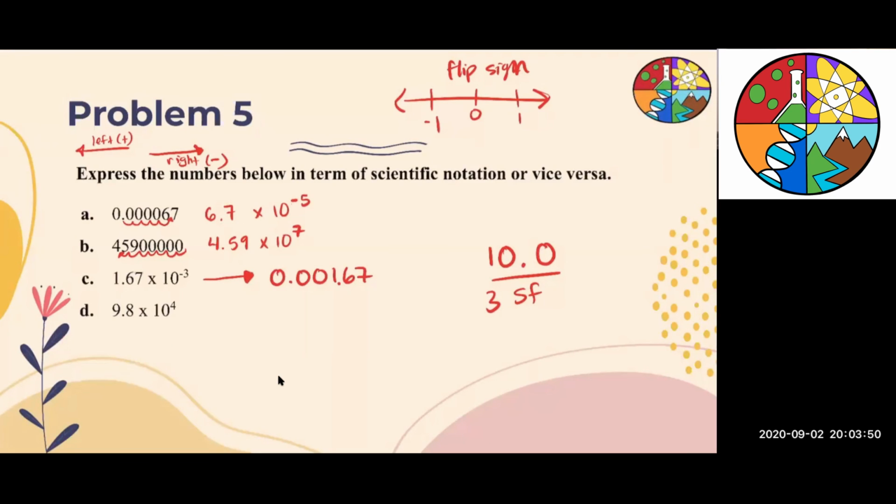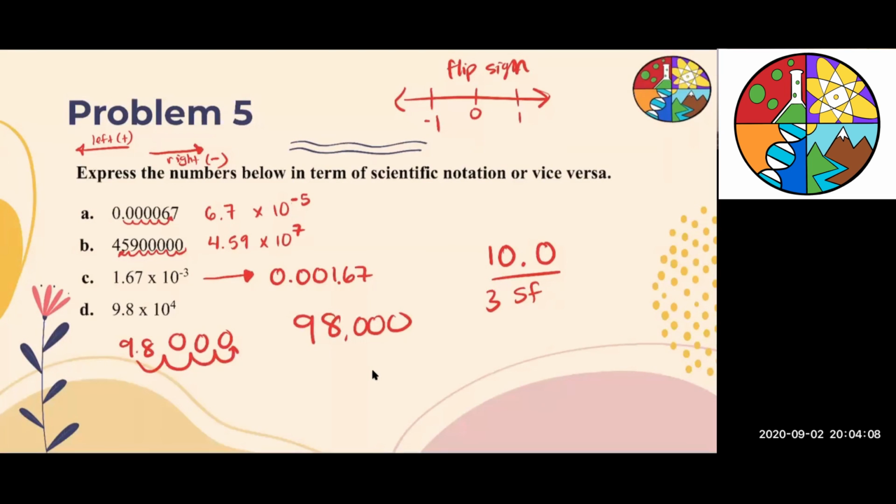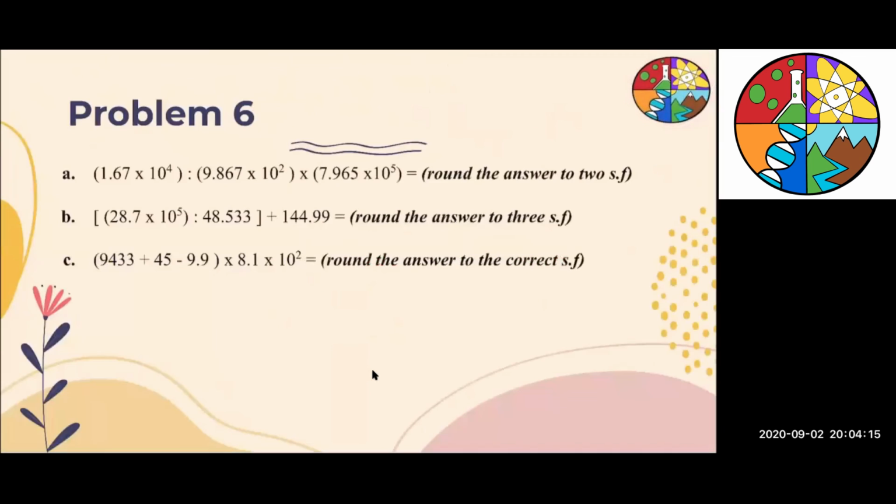Okay, there you go. 9.8, for the 4 you have 3 zeros after, so it's 98,000. And that's right. Okay, so we'll do the last one.